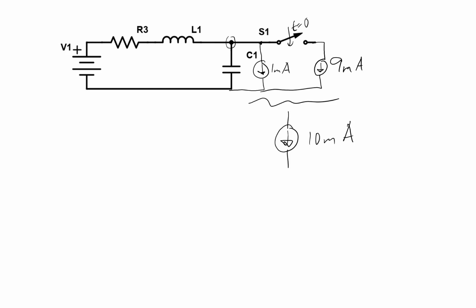What I'll get is that the source current, or the load current, plus the capacitor current, so the current going down this way, we'll call it IC, and the current going this way, we'll call that IS because that's a source. And this current over here, let's call that IL, that those things add up together as follows. IS plus IC is equal to IL.